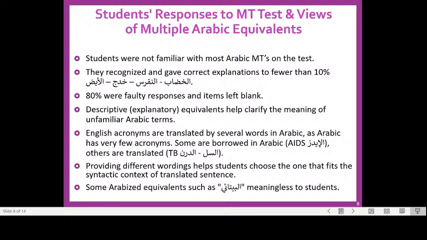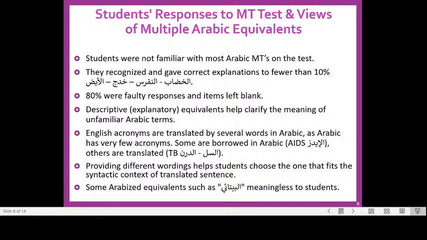For example, TB. In the case of TB, we don't write T and B in Arabic, but the equivalent is as-sul or ad-daran. Providing different wordings helps students choose the one that fits the syntactic content of translated senses.